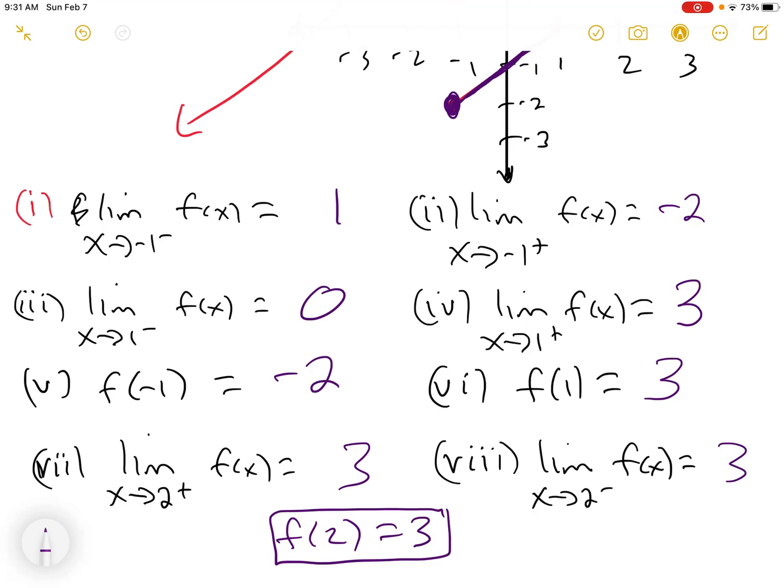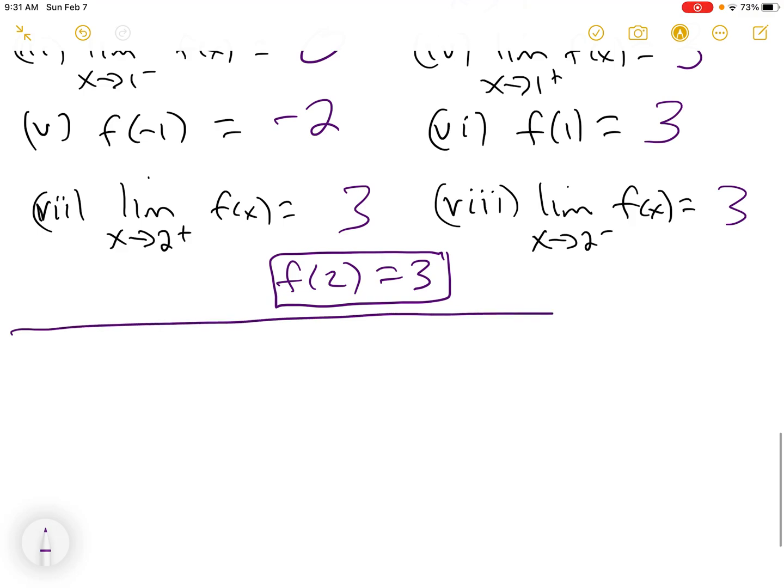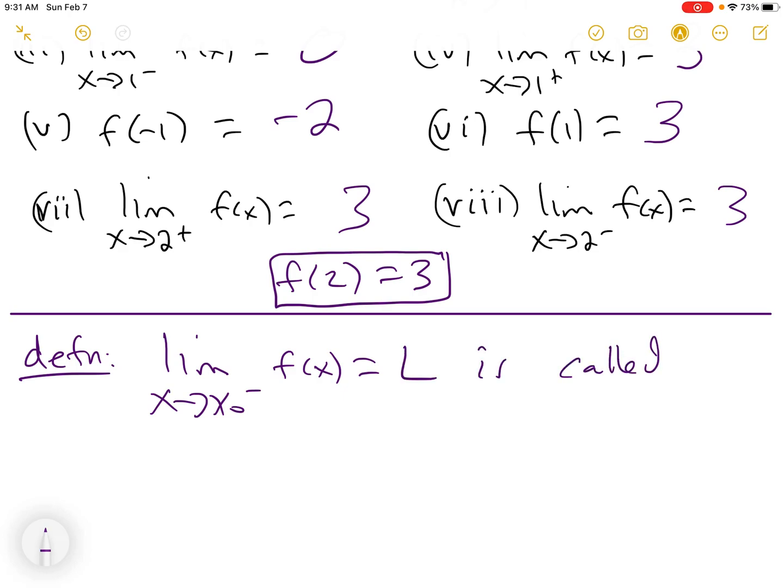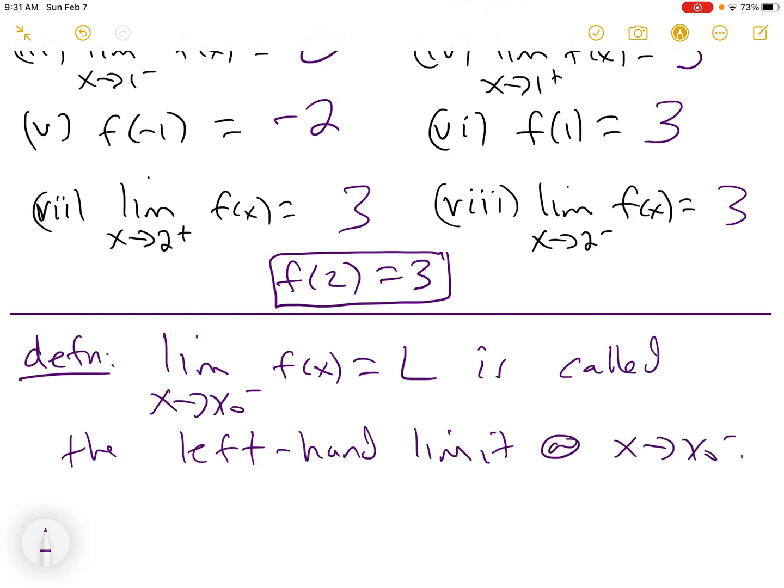Okay, so let's make this formal. Definition: the limit of f of x as x approaches some arbitrary value x naught from the left, if f of x equals L, is called the left-hand limit as x approaches x naught from the left.